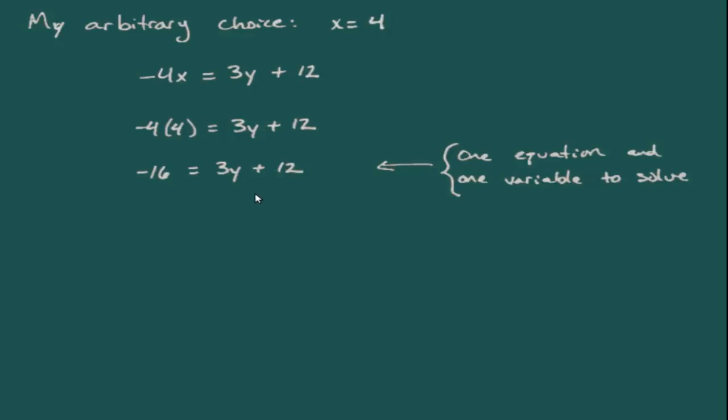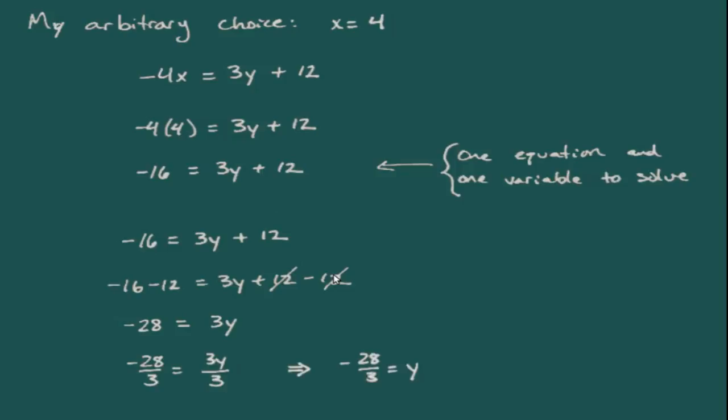So we subtract 12 on both sides: minus 16 minus 12 gives us negative 28 on the left, and on the right, the minus 12 cancels out with the plus 12, leaving us with 3y. Now if we divide both sides by 3, we obtain a value of negative 28 over 3 for y, and therefore an ordered pair of x being 4 and y being negative 28 over 3.